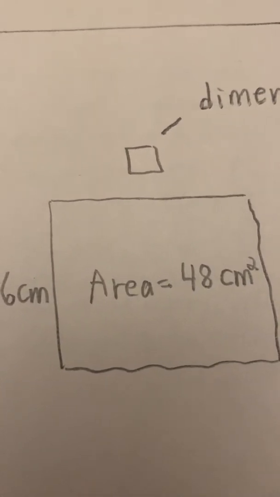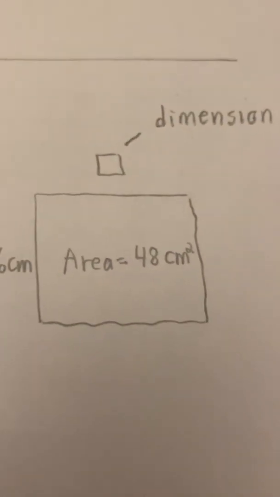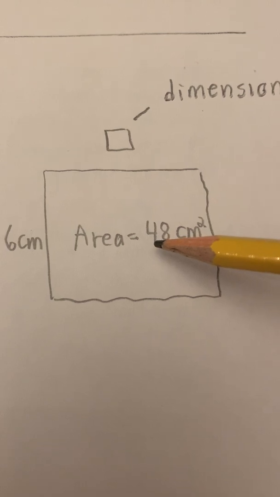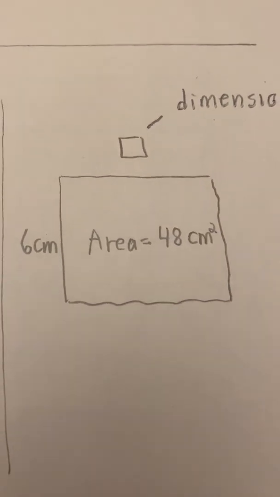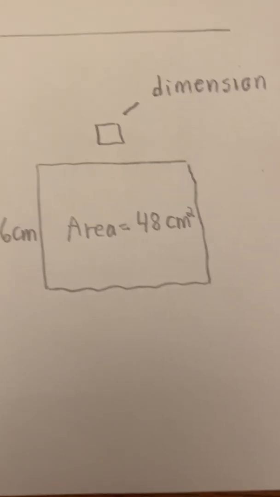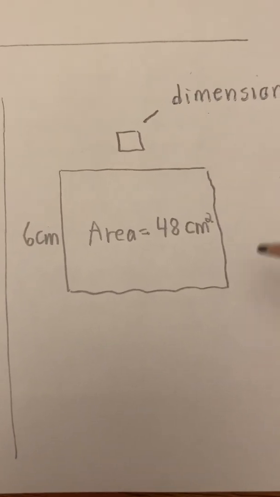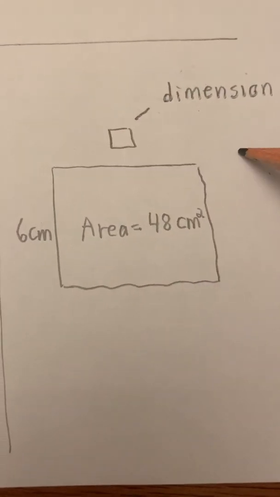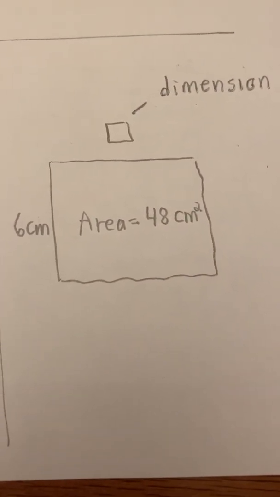So you need to find this dimension first before you go and do perimeter. So you're gonna be doing area 48 equals 6 times what? 6 times what is 48? Count by 6s on a ratio table. I bet you'll find the answer. And then after you have that dimension or that length, you'll be able to find the perimeter.